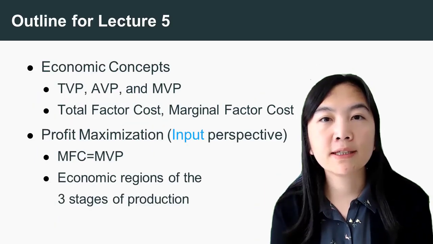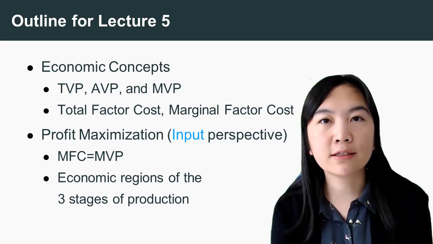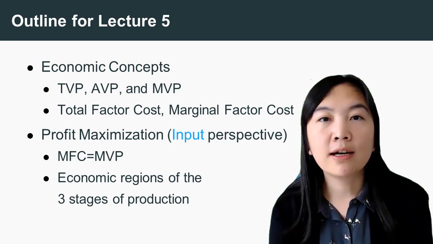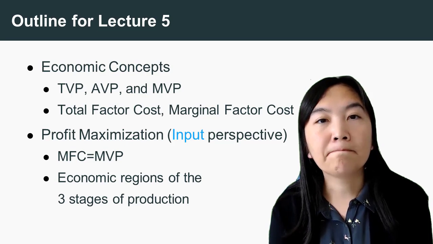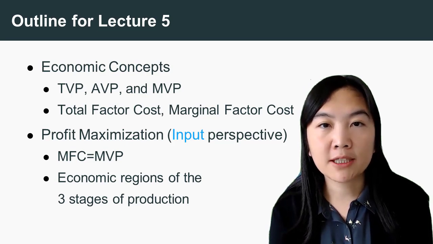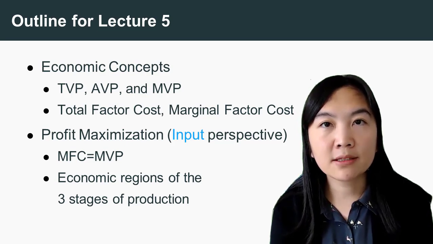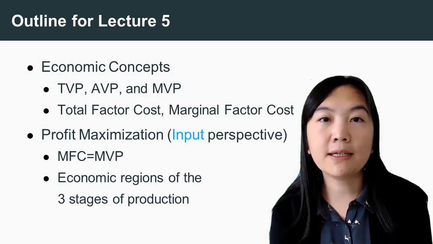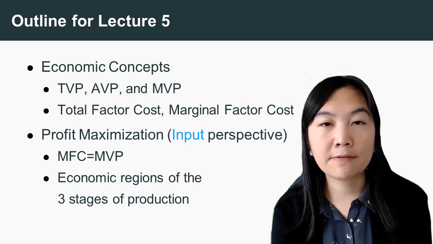The outline for today's lecture is gonna actually start with an overview of the technical aspects of production. And then after that very short overview, we're gonna first introduce the economic concepts. And this is versus the technical or the physical aspect. Remember, for the last few lectures, we learned about TPP, APP, MPP, and the P in the middle means physical.